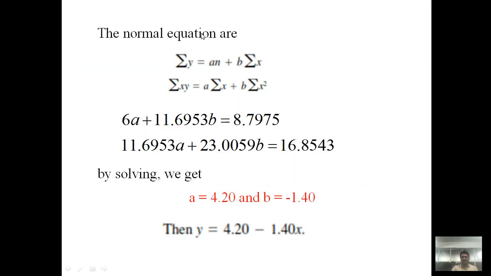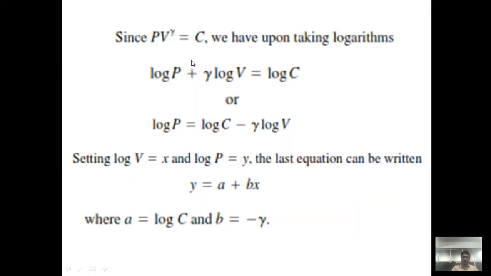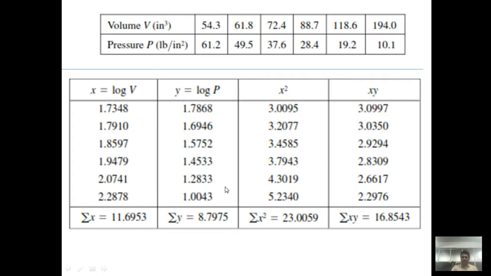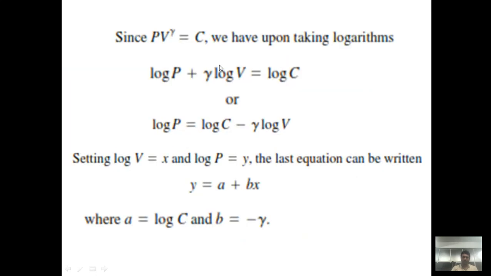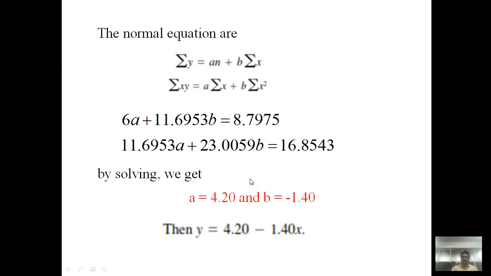The left hand side is summation of y. On the right hand side, summation of a, but a is constant, so it leads to a into n, where n is the total number of observations, so it is a n, plus summation of bx. But b is constant, so it is outside, so the second term leads to plus b summation of x.